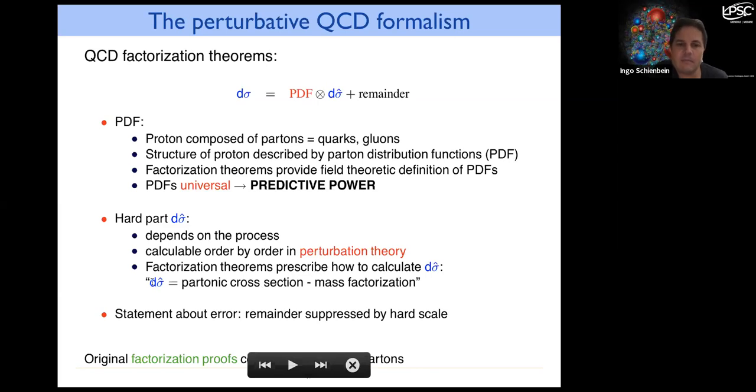Essentially, the hard part is a partonic cross-section, which we know how to calculate with our Feynman rules. But then one has to remove the long distance pieces which are still there, the collinear divergences or the big collinear contributions, via a procedure which is called mass factorization.